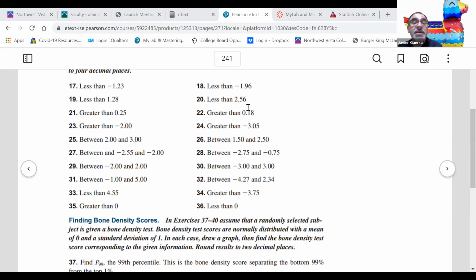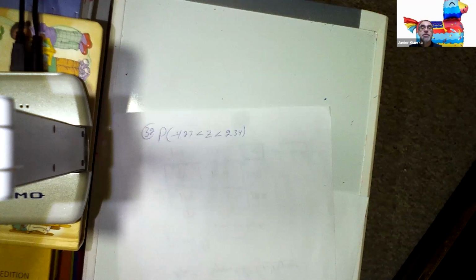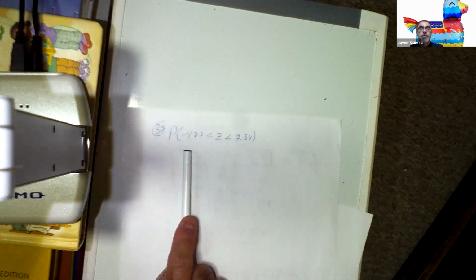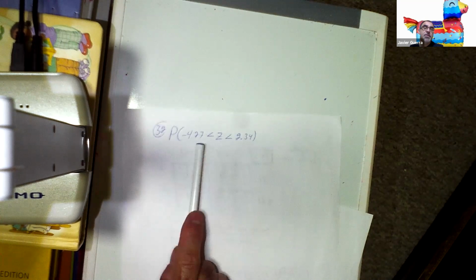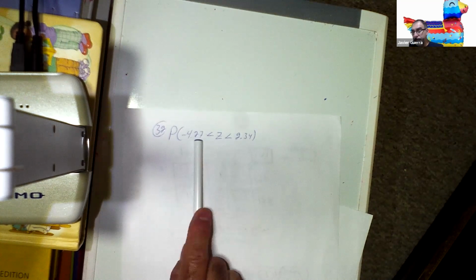It said between, so this is how I wrote it down in probability notation. Small number, bigger number. Left, small, right, bigger.